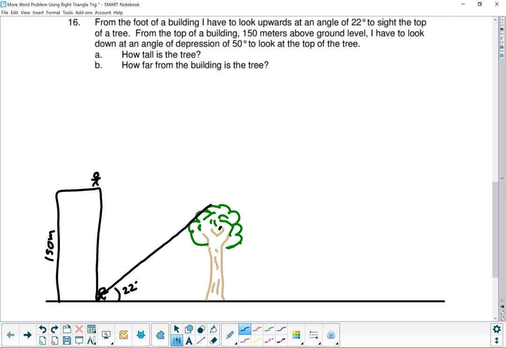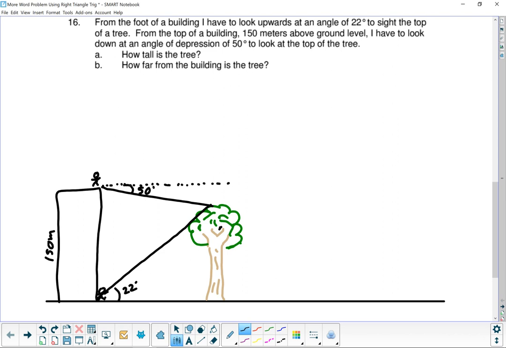If I'm looking straight across, this will be 0 degrees. But if I have to look down at an angle of depression of 50 degrees to look at the top of the tree. How tall is the tree?